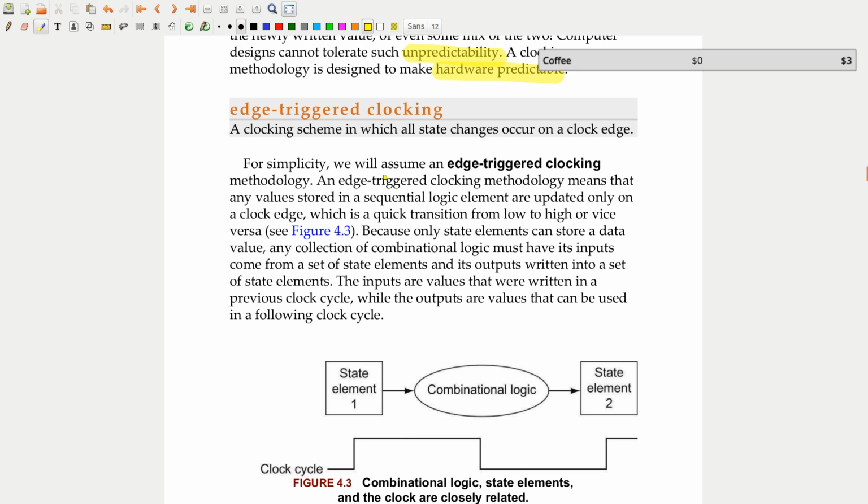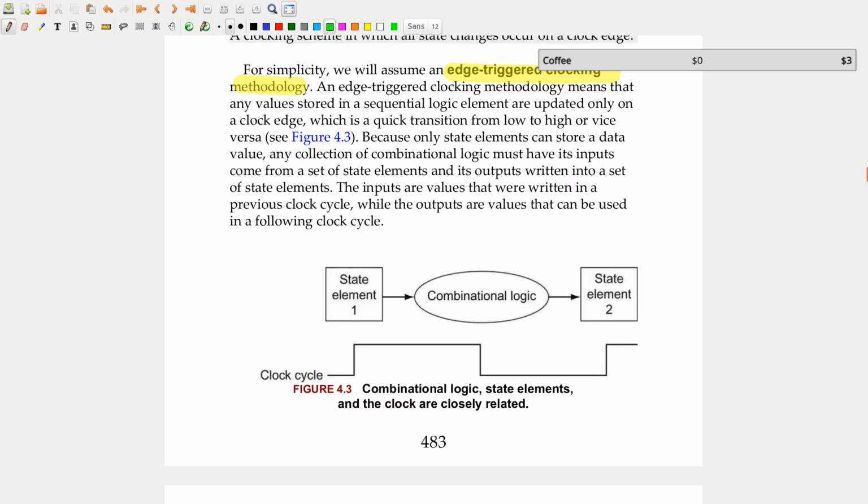For simplicity, we will assume an edge-triggered clocking methodology. This means that we will only do certain actions on, if we look at this picture right here, and if I can find my cursor, there it is, we will only do certain actions, say, on the rising edge of the clock, or maybe the falling edge of the clock.